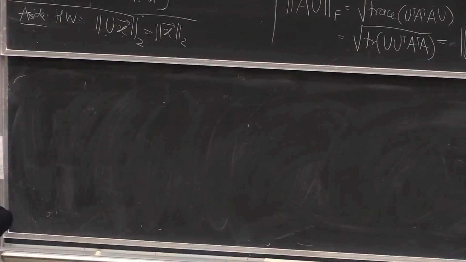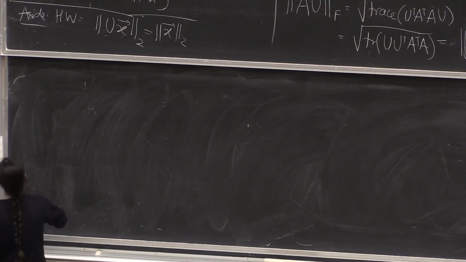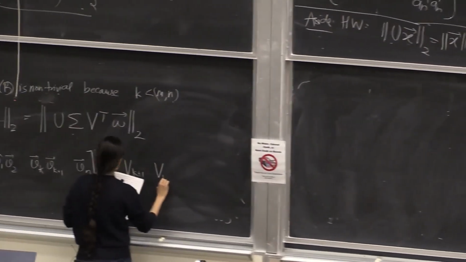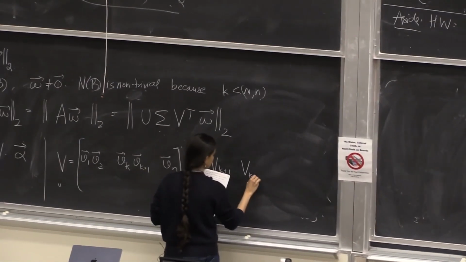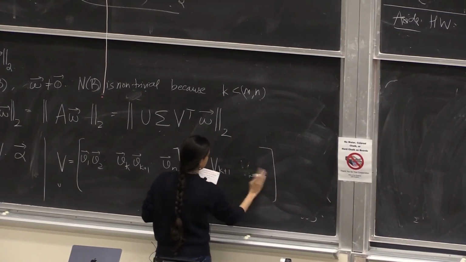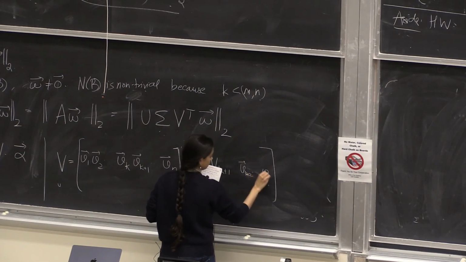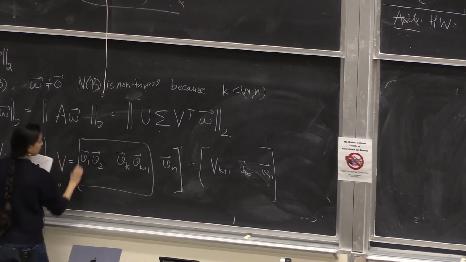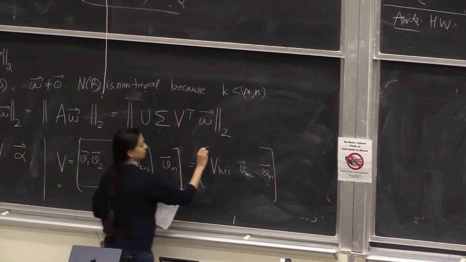And now I want to consider a specific part, so let me write this further as Vk plus 1, Vk plus 2. Okay, so I'm taking these first k plus 1 vectors and calling them Vk plus 1.